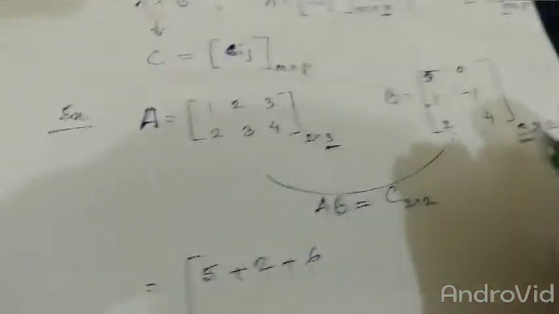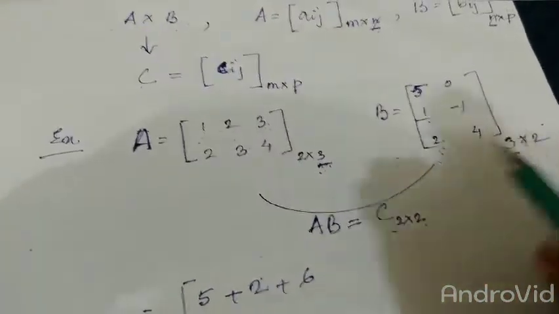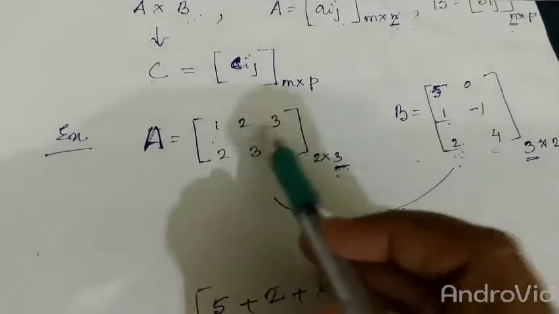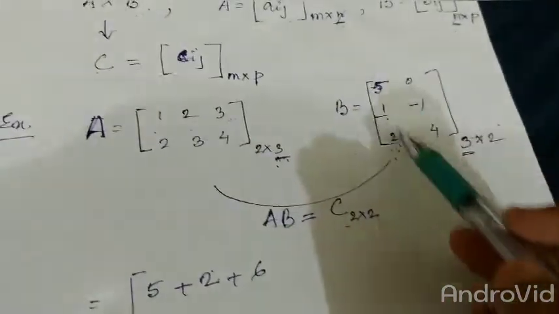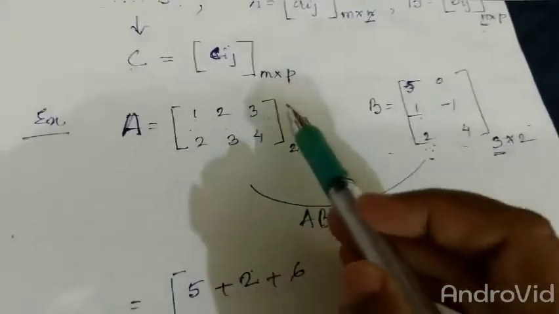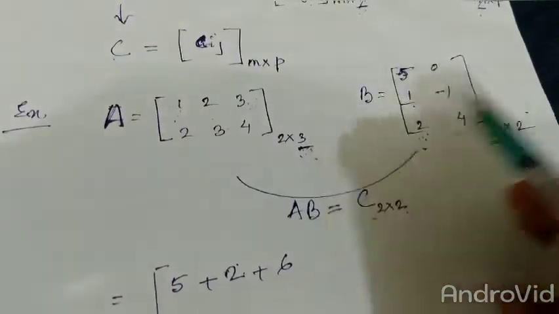That was the reason why we wanted the number of columns of A to be equal to the number of rows of B. Here 3 elements are there in the row, here 3 elements are there in the column. So we get the first element of the product matrix.